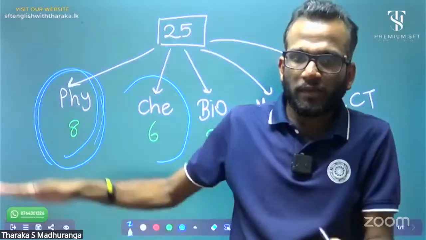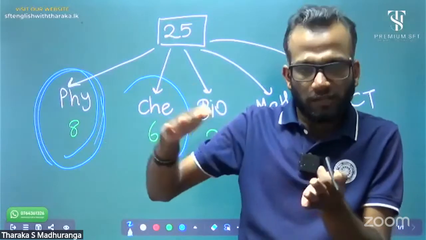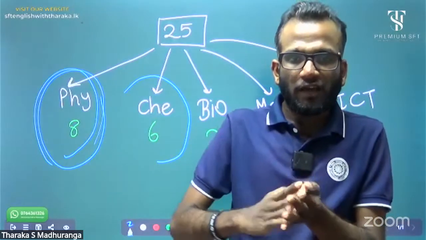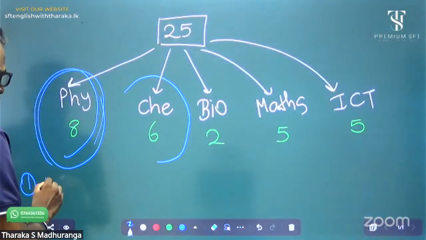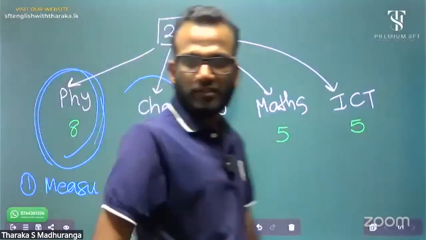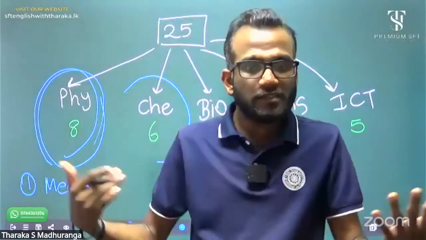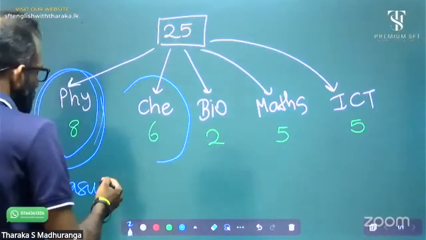Our first physics basic lesson is measuring instruments, because without measurements we can't understand any other physics lesson.